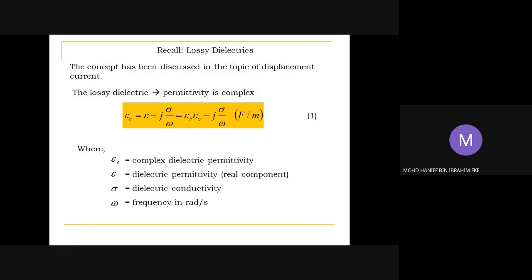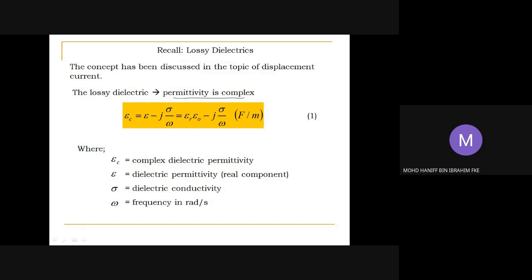This is just a revision on the lossy dielectrics. We have learned that for the case of lossy dielectrics, the permittivity is a complex number.